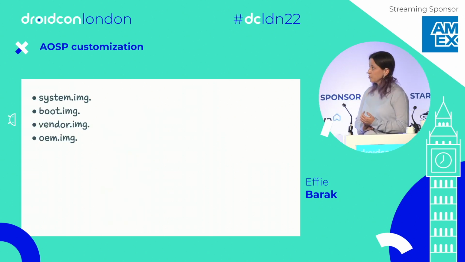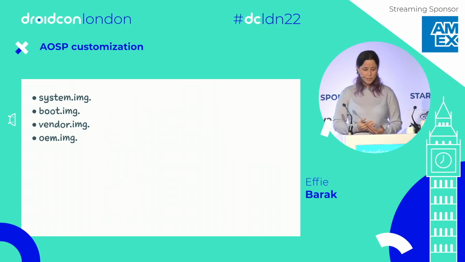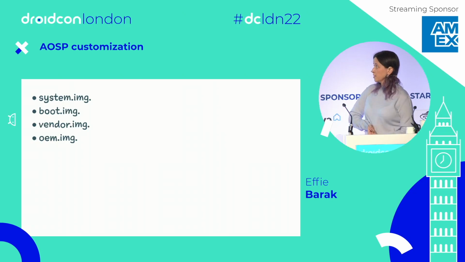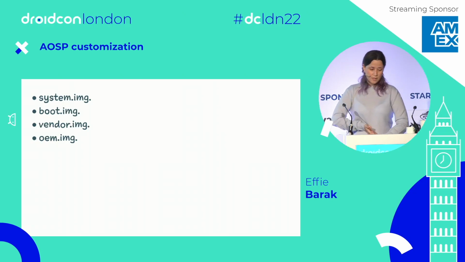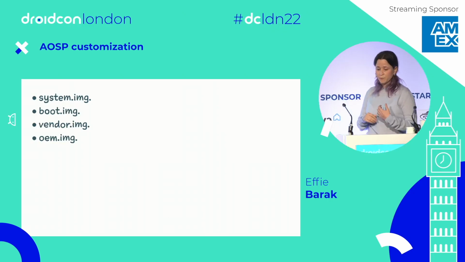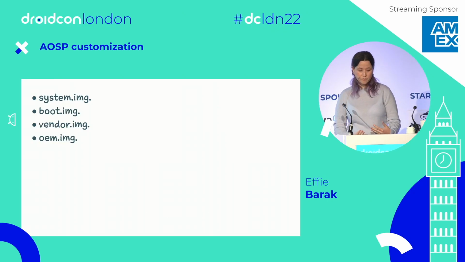Now, when we build AOSP, we will build a few different images that we can later burn on a device or flash on a device. And they are conveniently separated by sort of domains, where the system image is usually the Android framework itself.